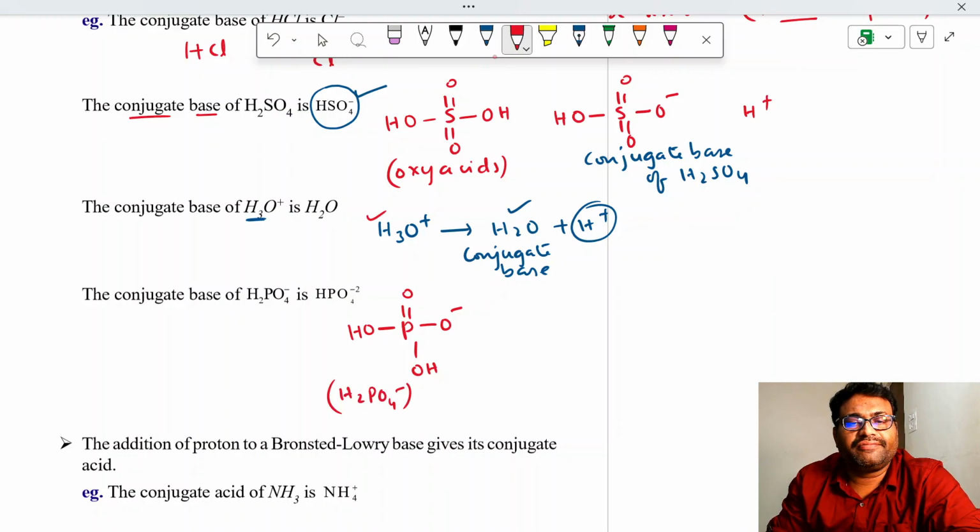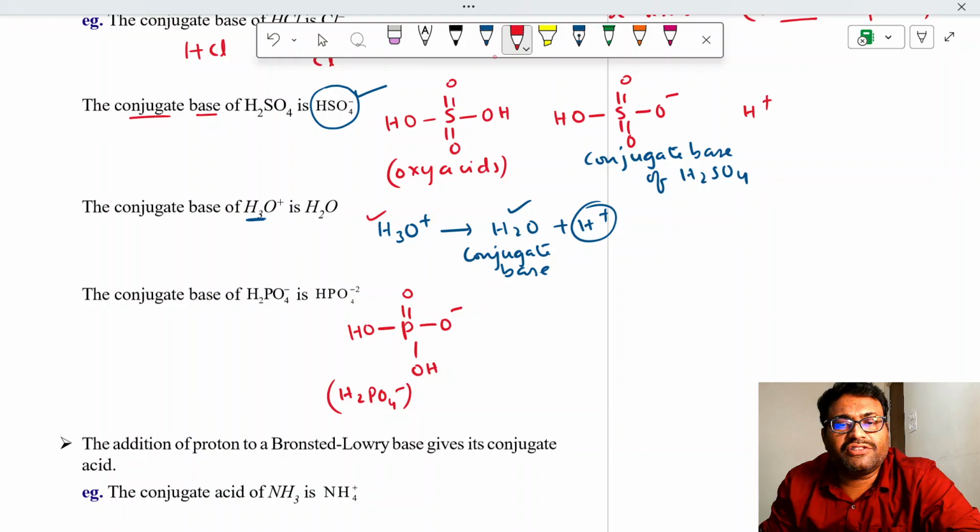Already I mentioned that the hydrogens bonded to the more electronegative atom, oxygen, can be removed, they are ionizable. So as this is ionizable, we are removing it.